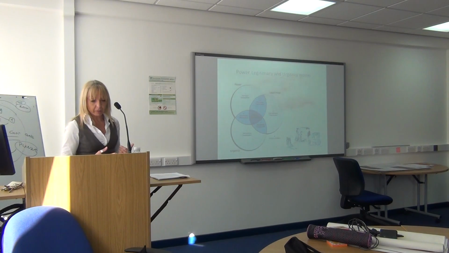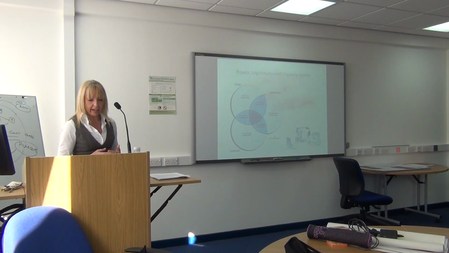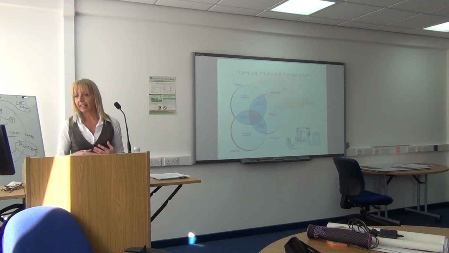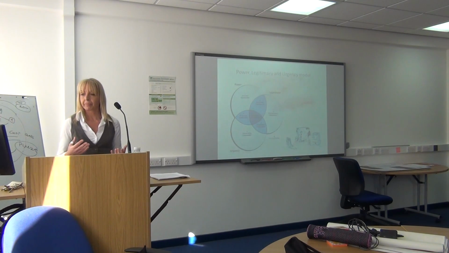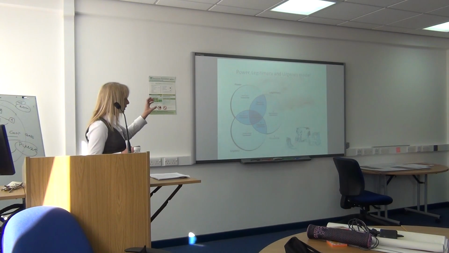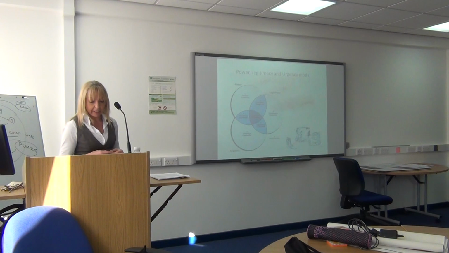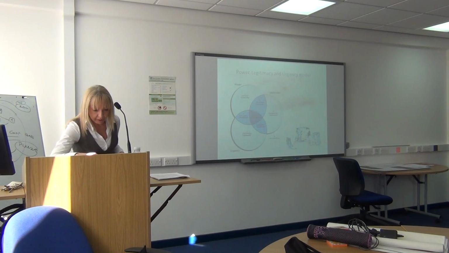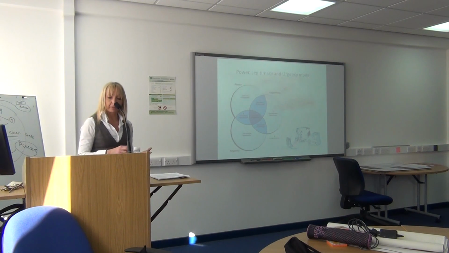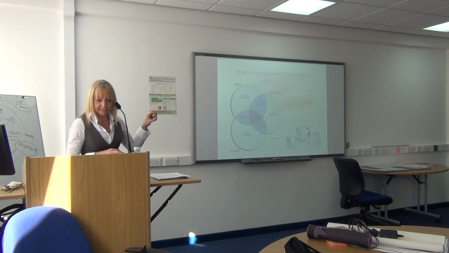The discretionary ones have legitimacy but no power and no urgency, and the demanding ones have urgency but no power and legitimacy. But in between that, you can see the crossover, and we have the dominant stakeholders who have power and legitimacy but no urgency, and you can work the rest out for yourself.